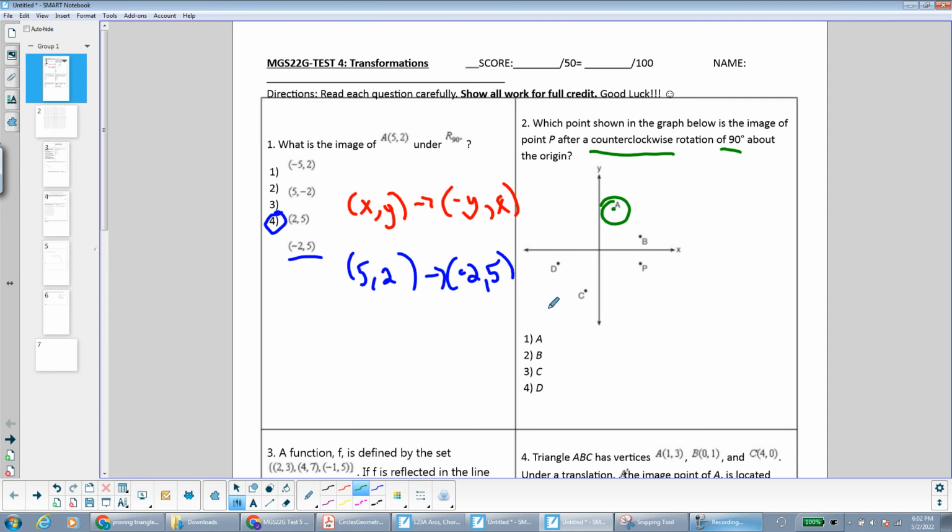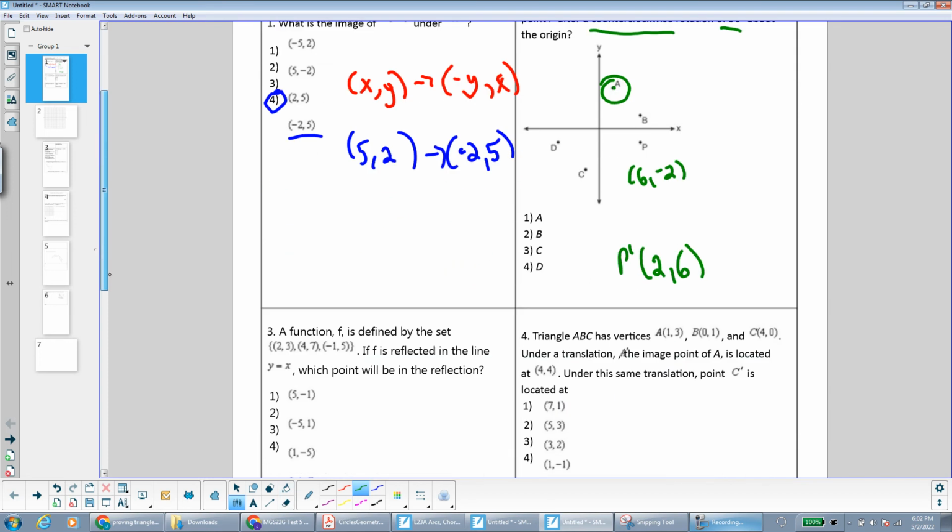If we estimate and say that this point P is, let's say, 6, negative 2, I'm just estimating here, then based on our rules of rotation for 90 degrees counterclockwise about the origin, the rotated point, P prime, would be 2, 6, and that would put it about right over here. That's just an estimate using an approximate point for point P, where the rotation would approximately end up. It would be approximately where point A is.